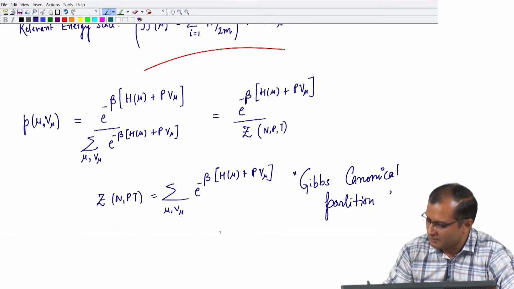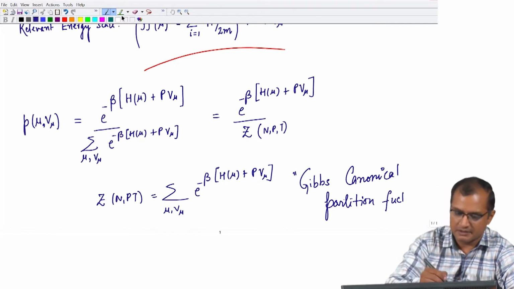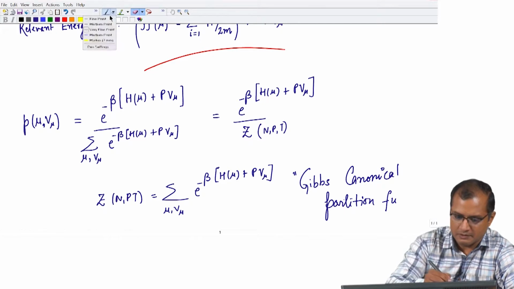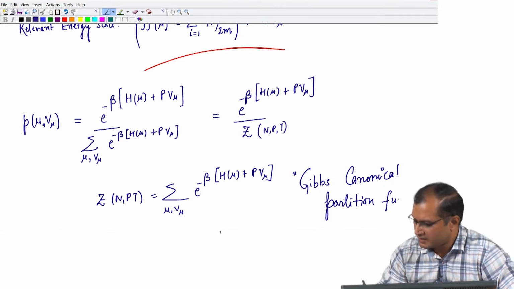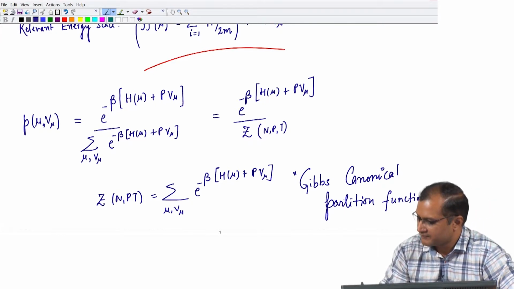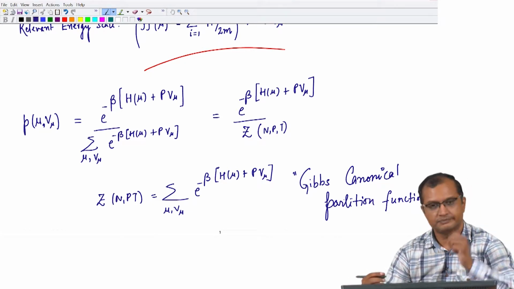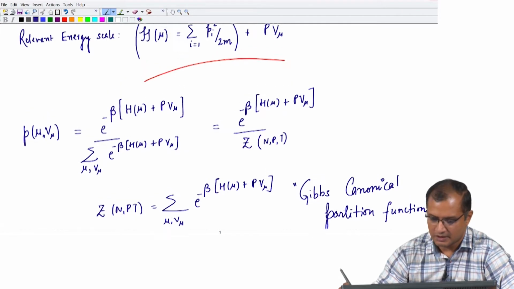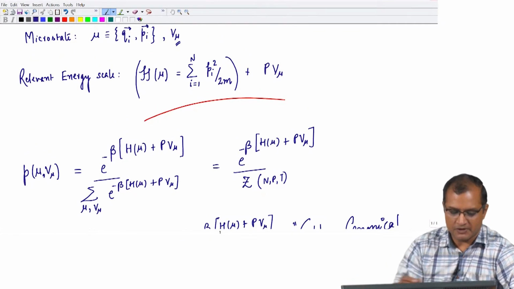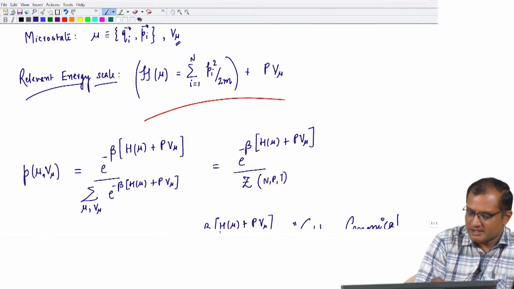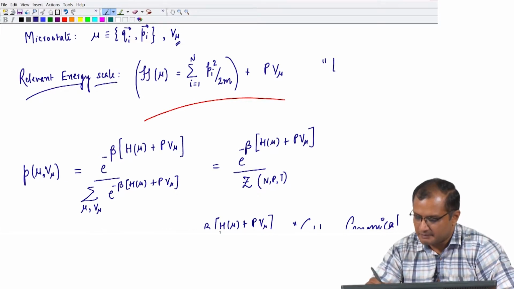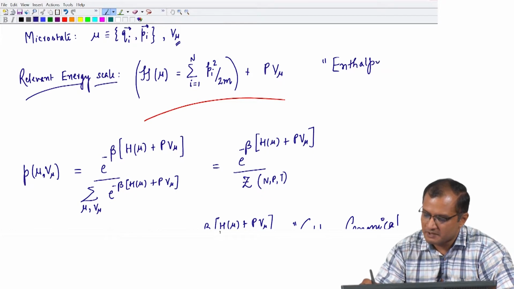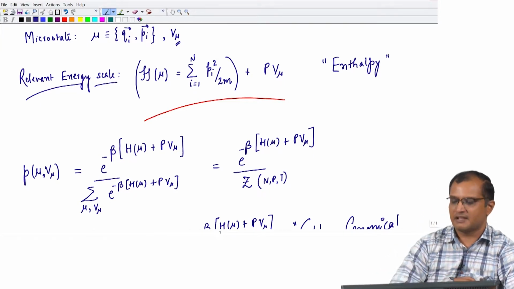You can of course write down an integral version of this that I am going to use in the next lecture, but suppose you can enumerate the number of states, this is also a nice representation. Of course, before we proceed, I am going to call this relevant energy scale enthalpy, because this is energy plus PV, and that you know from thermodynamics is an enthalpy.